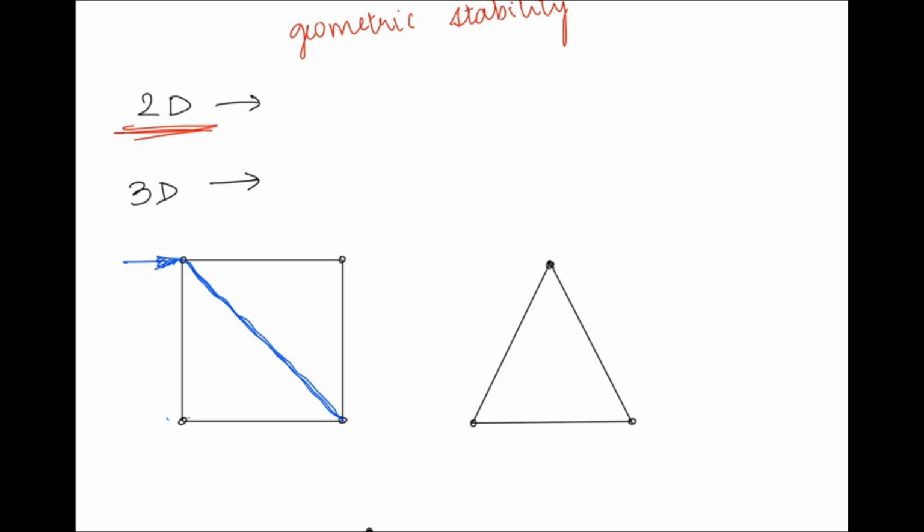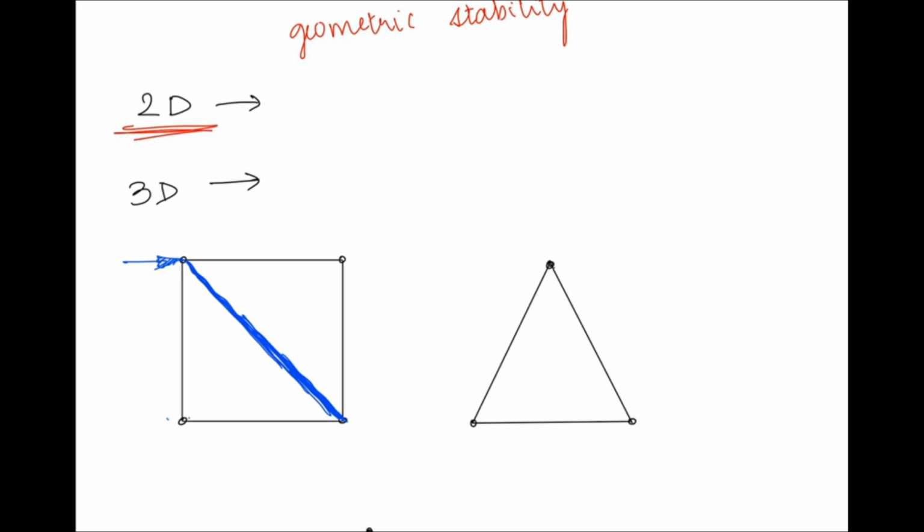Now what is going to happen by putting this member? For this structure to fail, first this force will have to compress this member, which will be difficult. Okay, why? Because this member will give some resistance to that. So that's why it will help in keeping the structure stable.